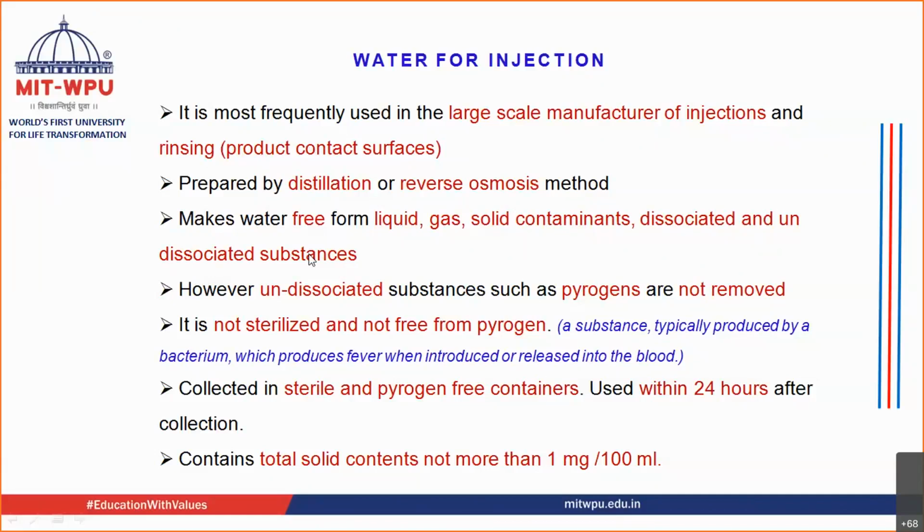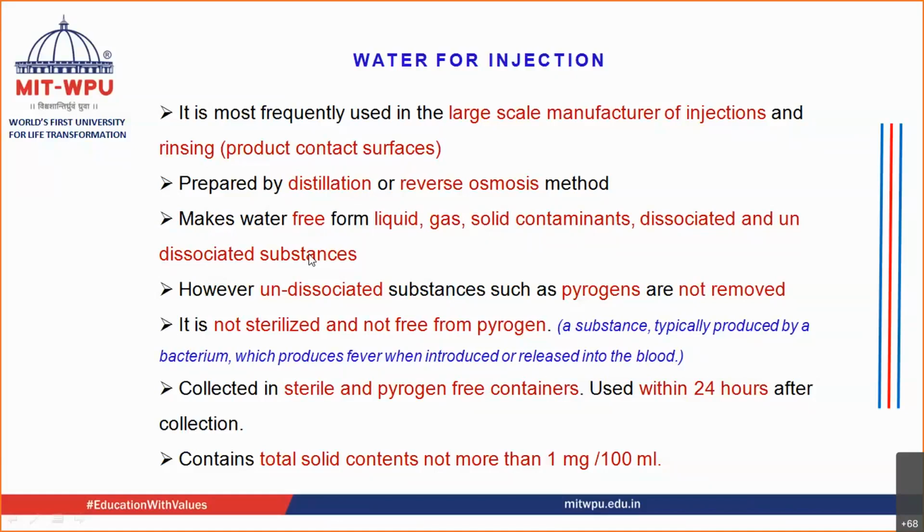The only thing you have to remember is that undissociated substances like pyrogens are not removed by distillation and reverse osmosis. So water for injection is not sterile, and it is not free from pyrogen. Whereas sterile water for injection, which we are going to study further, is sterilized as well as free from pyrogen. Now what is a pyrogen?